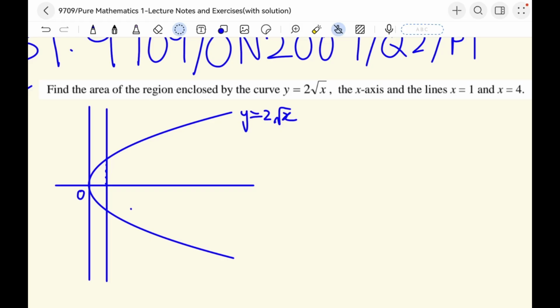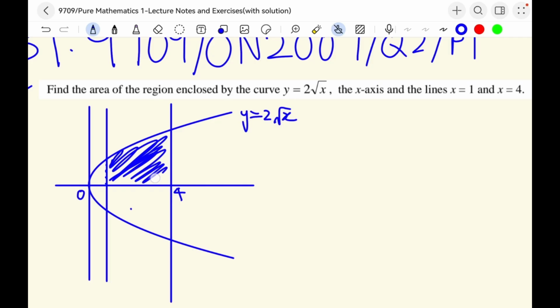In fact, you don't have to draw the graph if you are able to imagine the area of the shaded region that you want to find by integration. Here is x equals 4. So the question wants you to find the area of this region from 1 to 4.